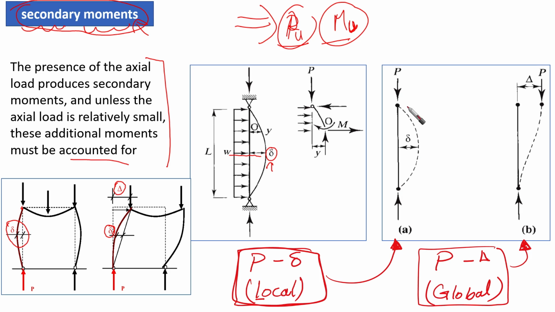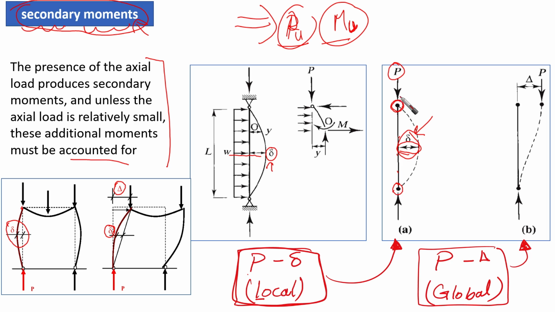So we have two different types of P delta. P delta means that there is an effect of the axial forces on the elastic line of the original element that is going to produce lateral displacement at several points along the element, and it's going to be maximum at the middle. We call this small delta. So we call this P delta, which is local P delta, where the ends of the elements are not going to move relative to one another.